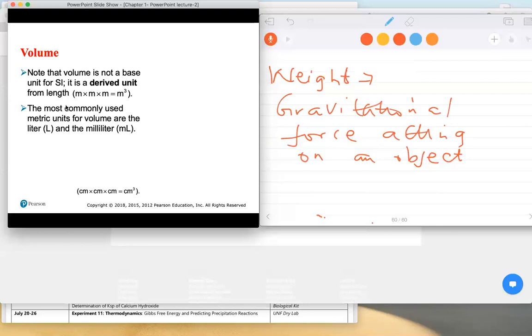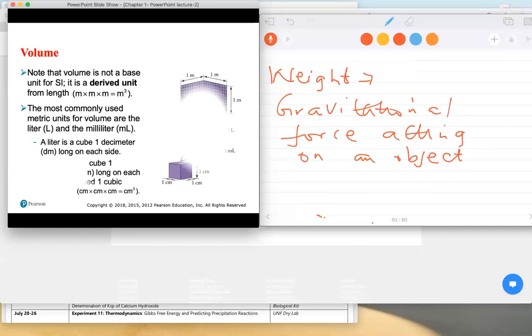I've seen questions testing whether students can differentiate between metric and the International System: in SI, what is the base unit for measuring volume, or length, and so forth? Draw the parallel between the two. Whenever we use liter, that is metric, and we use meter cubic for volume in SI.